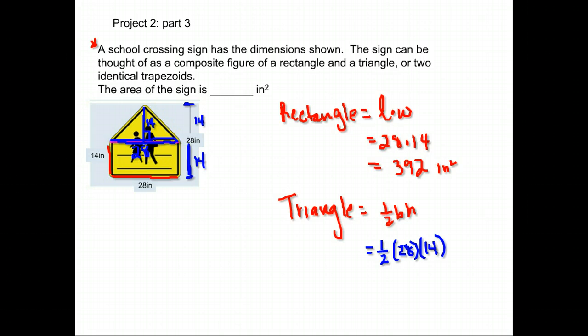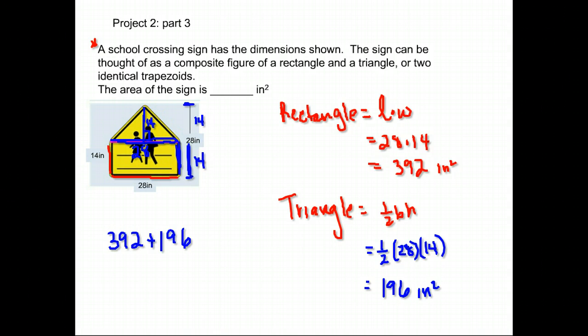Okay, so notice we just used the fact that it was 28 high, the bottom was 14, and that left 14 for the height of the triangle at the top. We go ahead and calculate those. 28 times 14 divided by 2 gives us 196 square inches. We're going to go ahead and add those together and we'll have our total area.